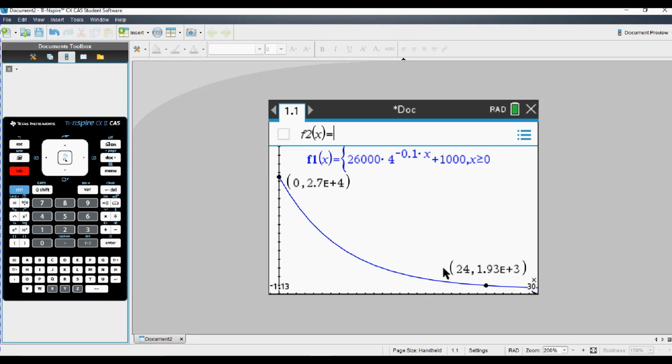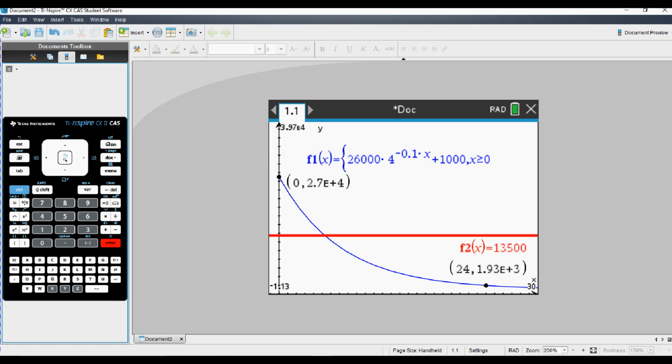Okay, so what I'm going to do is just input a value. Then you see a red line. That means on the red line, the values are always $13,500. So what I'm going to do is find the intersection of these two graphs.